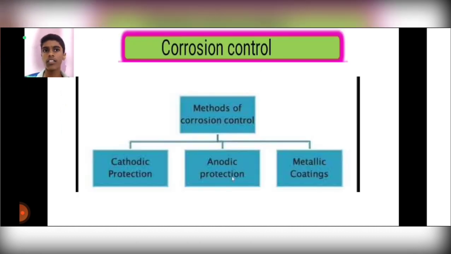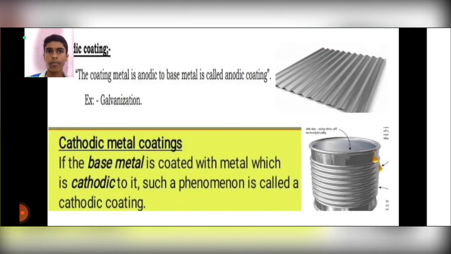Corrosion control methods: cathodic protection, anodic protection, and metallic coating. Anodic coating: a coating metal that is anodic to the base metal is called an anodic coating.